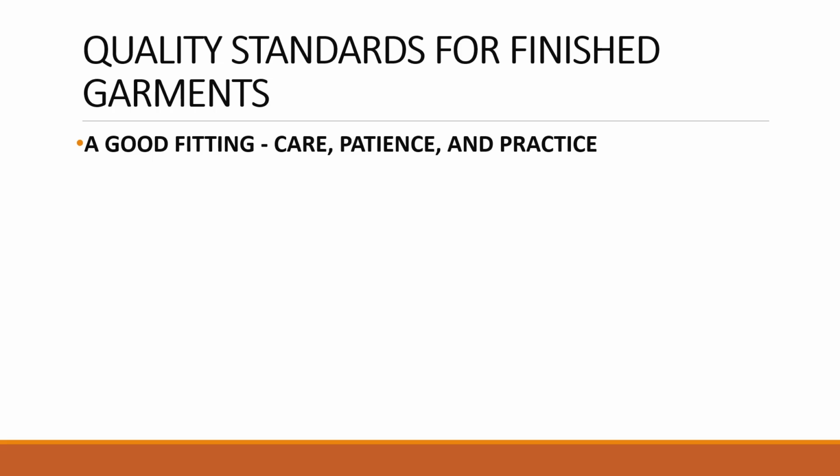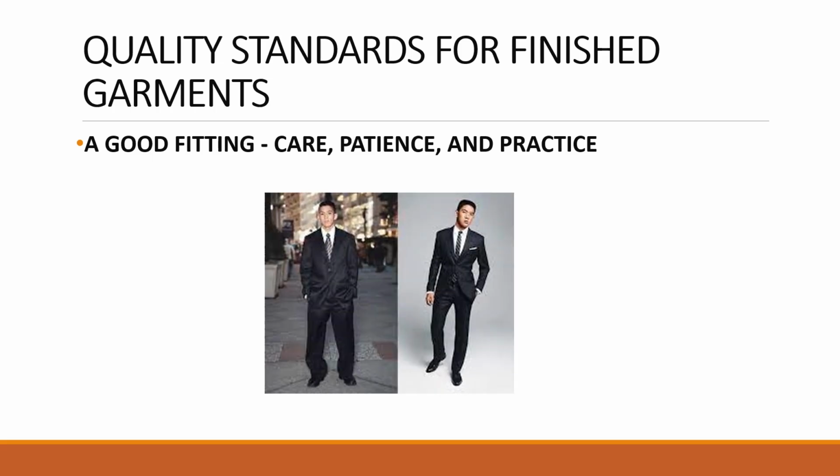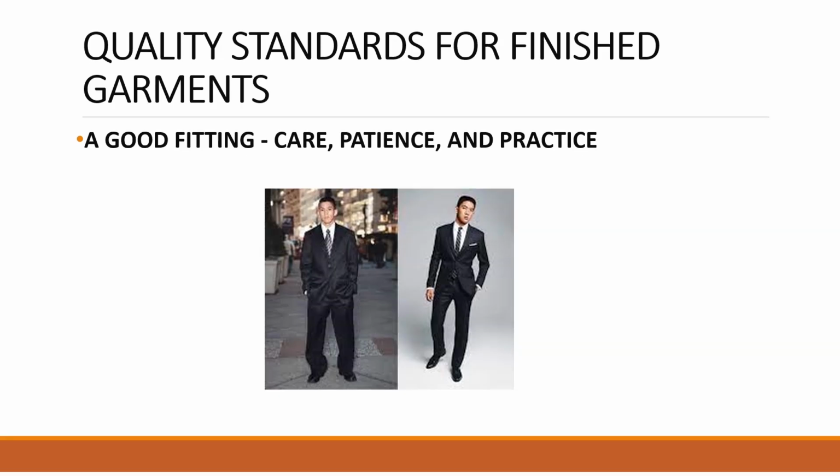We have to take care, patience and practice to produce a good garment where the fit properties are correctly maintained, as shown in the figure, because it is the elegance, the attire of that particular person that is depicted by good fitting of the material. So the finished garment's first important property is the fit property, that's why.